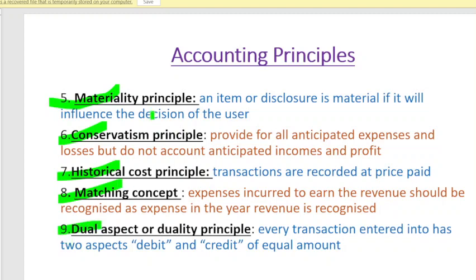So you see here in a materiality principle, what is happening? An item or disclosure is material if it influences the decision of the user. Now who uses the information of financial statements? Here we need to understand those people who are investing their money in a business. They may use a financial statement. They would like to know, where I'm going to put my money, is that business running in profit or loss, right?